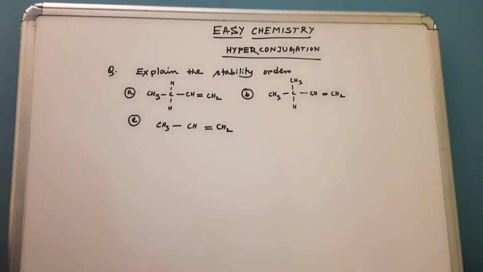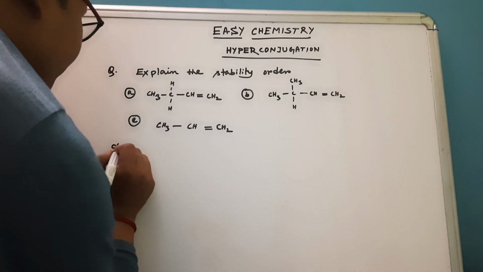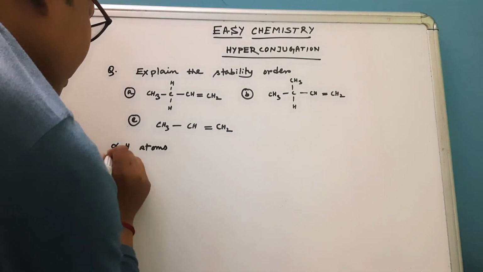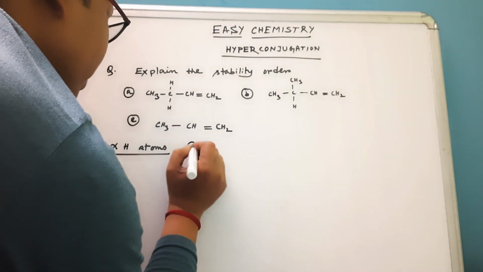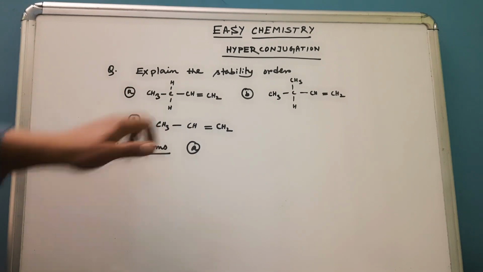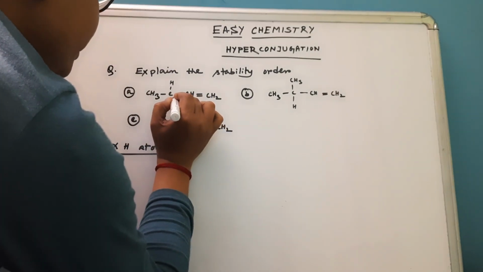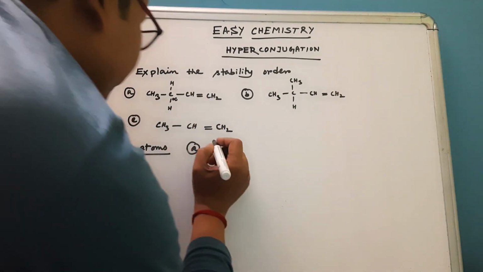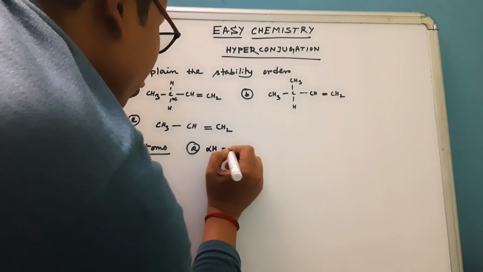We have already seen that the alpha hydrogen atoms take part in hyperconjugation. In structure A, this is the alpha carbon, and the number of alpha hydrogens is 2.